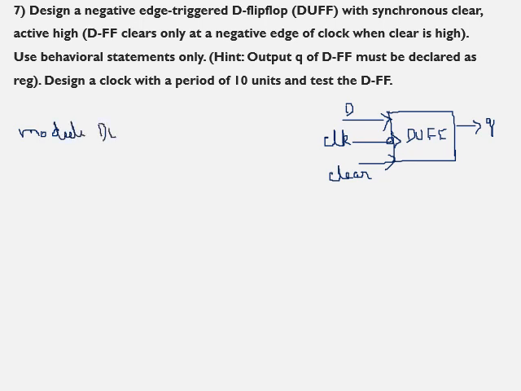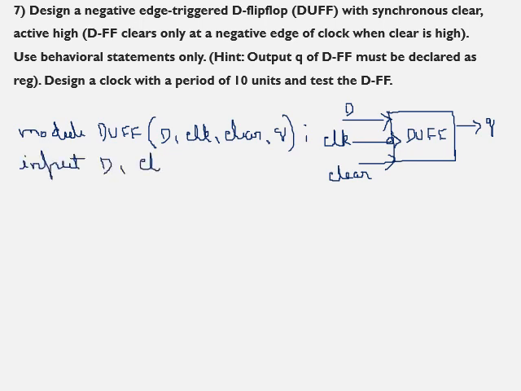Module DUFF with D, clock, clear and Q. Inputs are D, clock and clear, and Q is output.